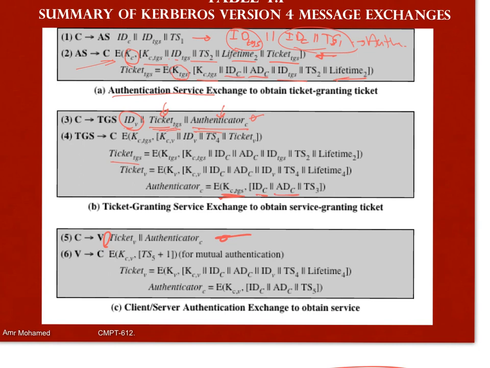To reuse the ticket. Well, I already have the ticket, so I'll be able to use the ticket later on. But why does AS, the authentication server, need to send some duplicate information outside the ticket back to the client?